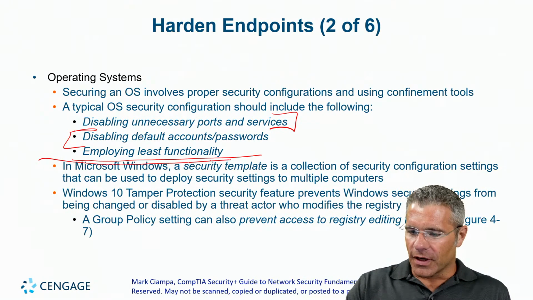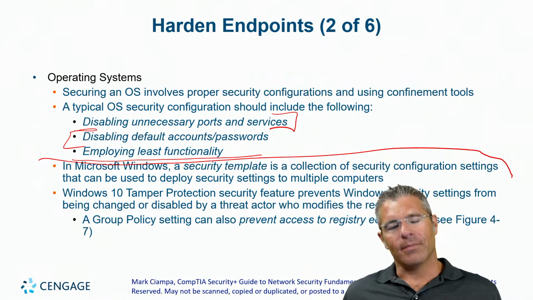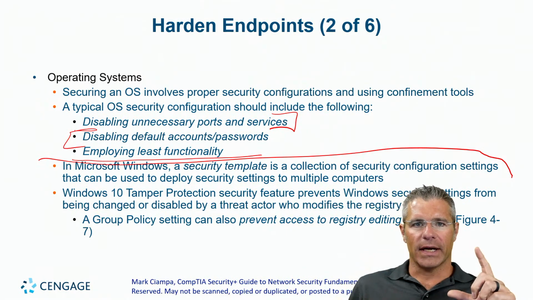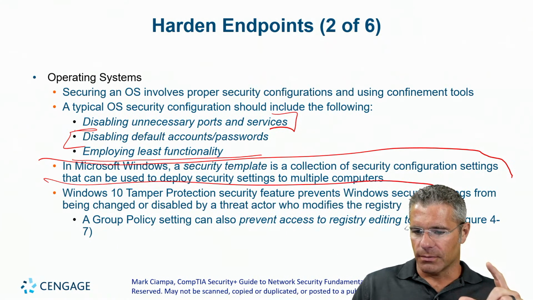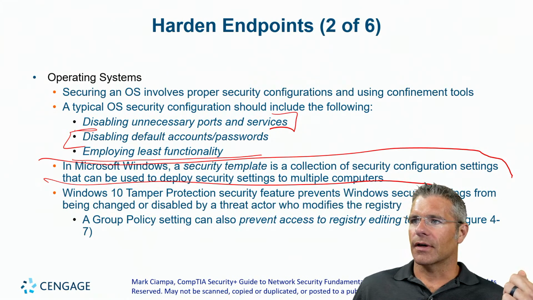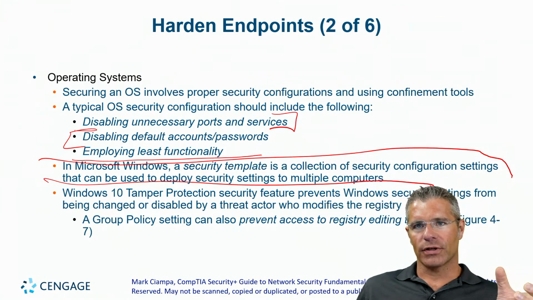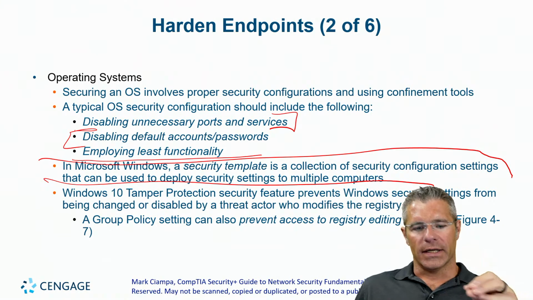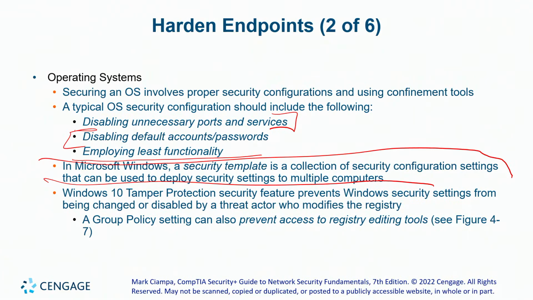So Windows has a bunch of tools, including security templates, where you can create a template and it will apply to all the systems you apply it to. You can distribute that through things like Microsoft Active Directory that will let policies be applied to individual systems. You've also got the Windows security settings that can be prevented, that won't let you change them.